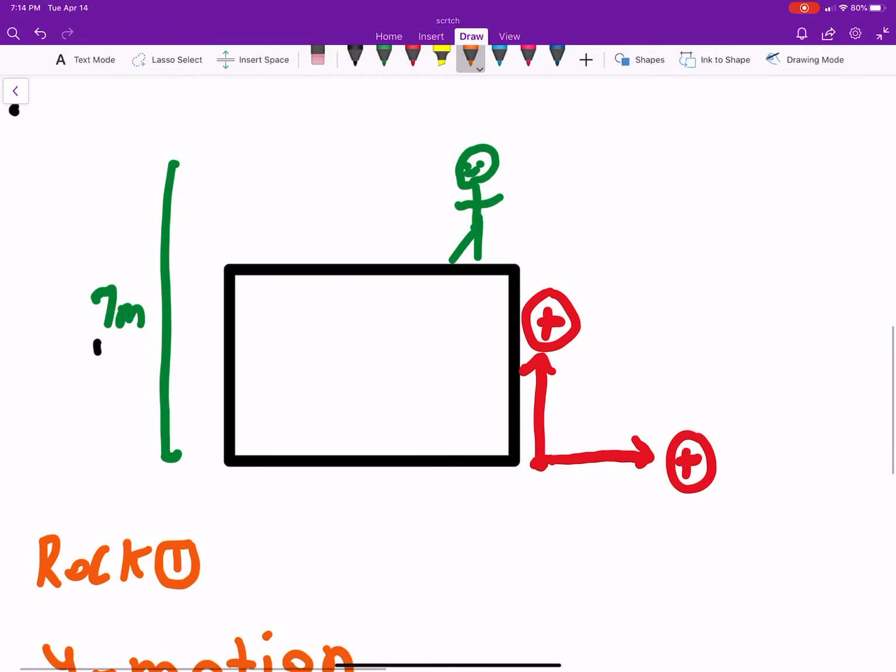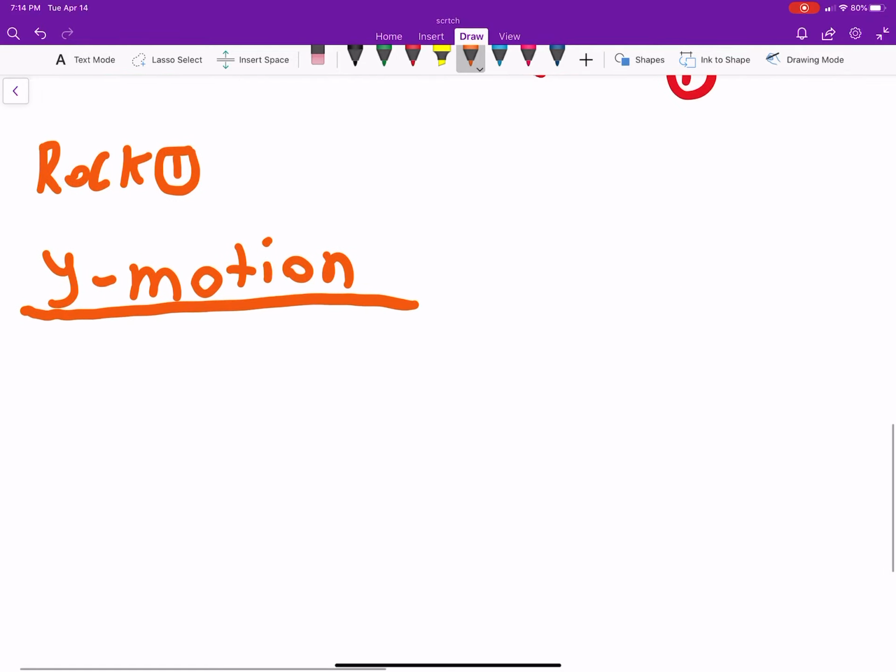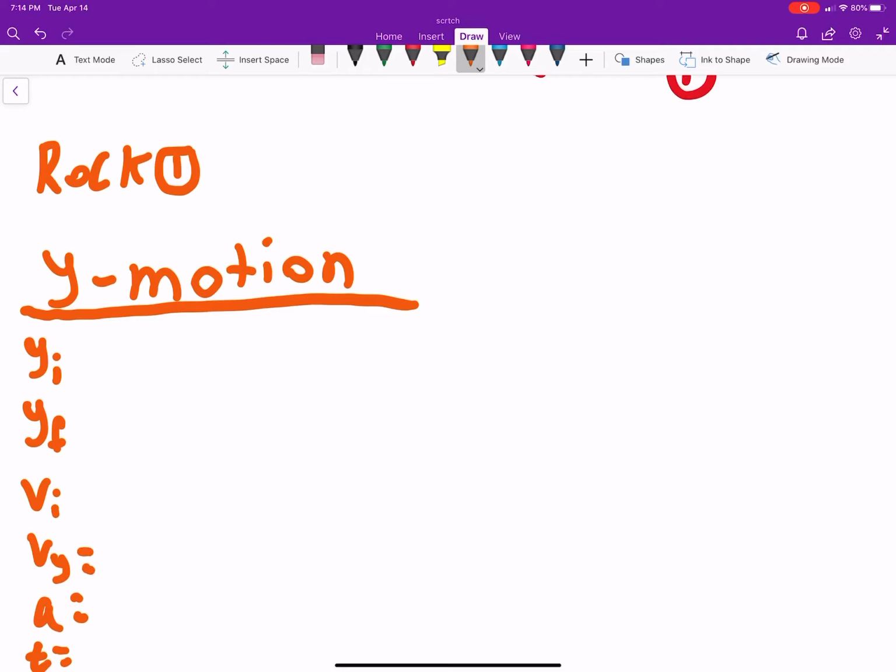All of our kinematic equations will involve a variation of some of these variables, which is Y initial, Y final, V initial, V final, acceleration, and time.